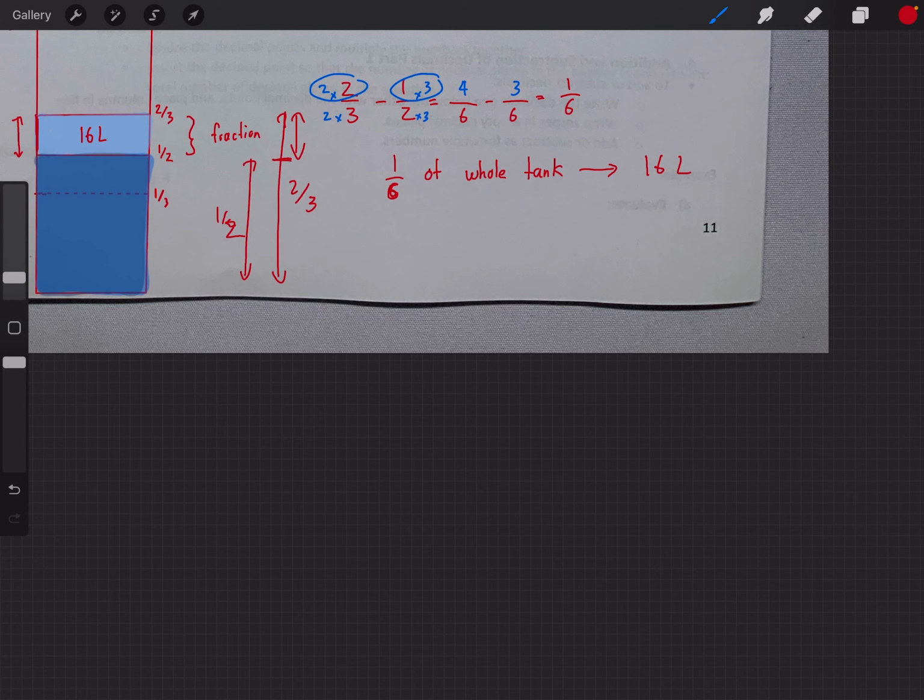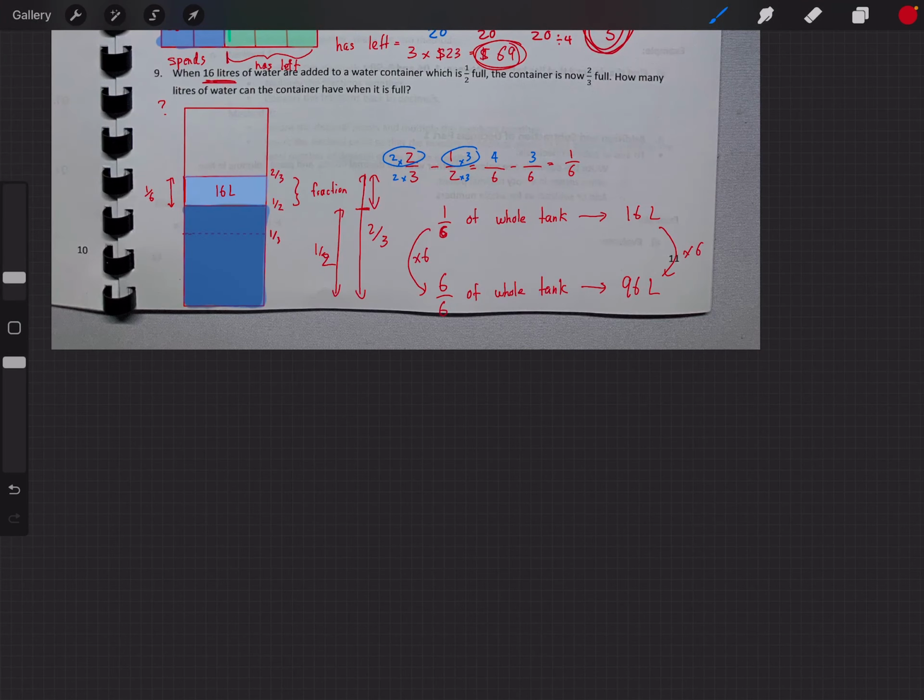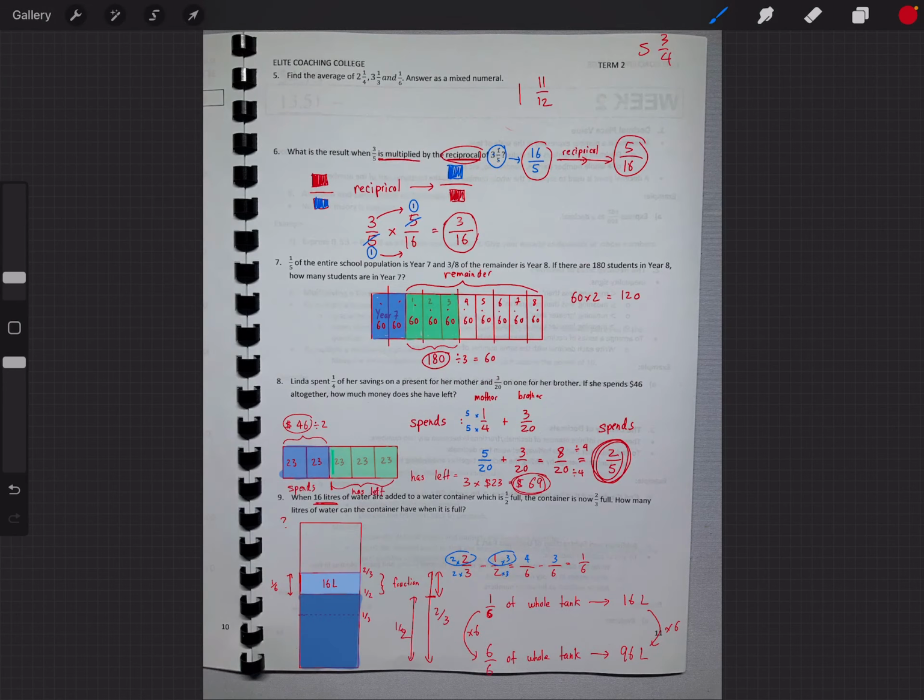Well, full means 6 out of 6 of the whole tank. So to go from 1/6 to 6/6, you times it by 6. 16 times 6 gives you 96 liters. So the whole tank can hold 96 liters. 1/6 of that is 96 divided by 6, which is 16. That makes sense. Okay, hope that helps.